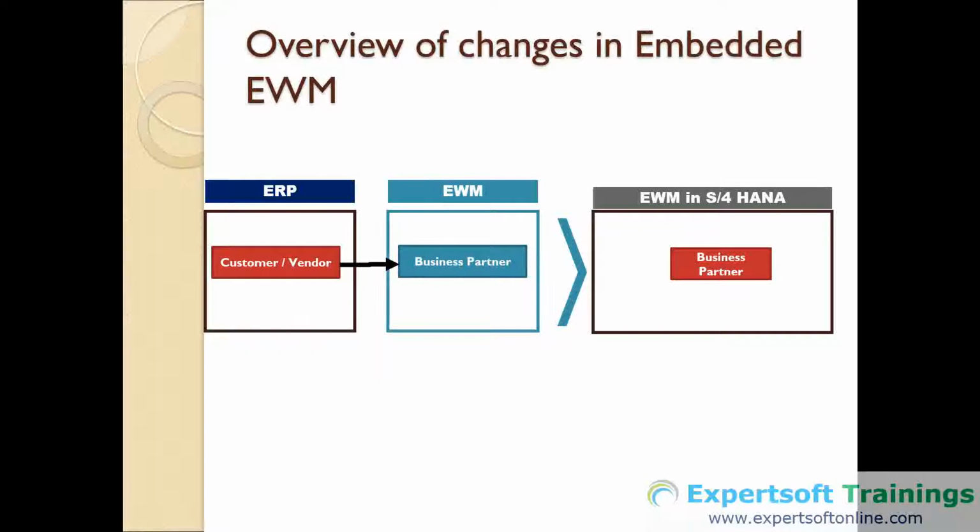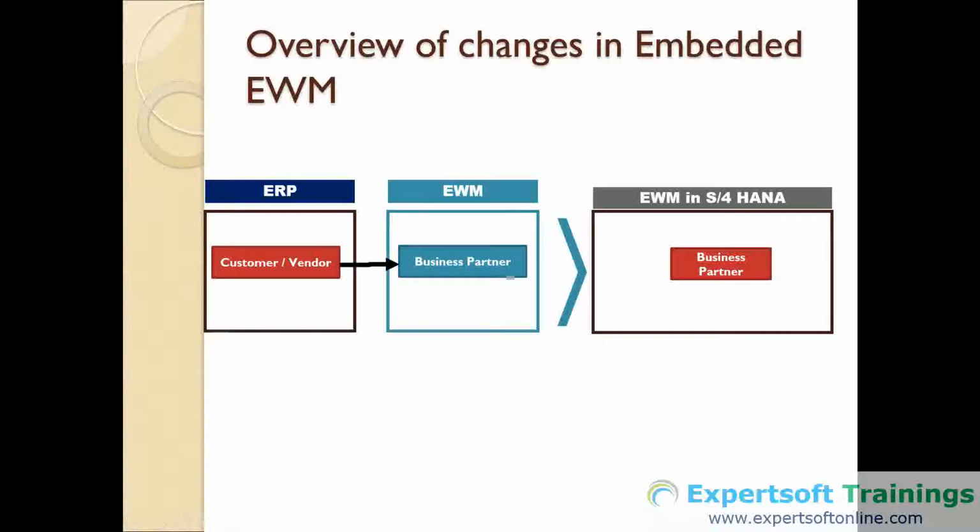Now coming to the changes I mentioned, the delivery integration I was talking about. Earlier we used to have ERP and EWM as two different instances. We used to have the purchase order and an inbound delivery.